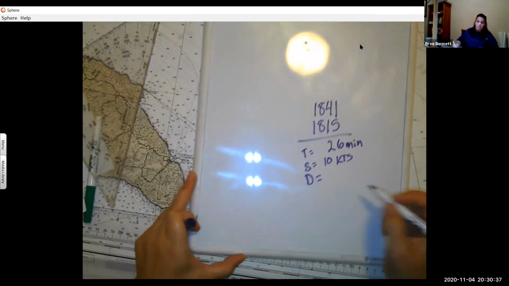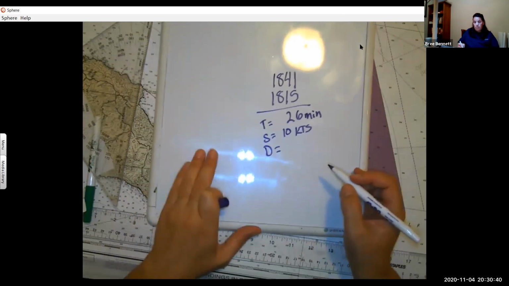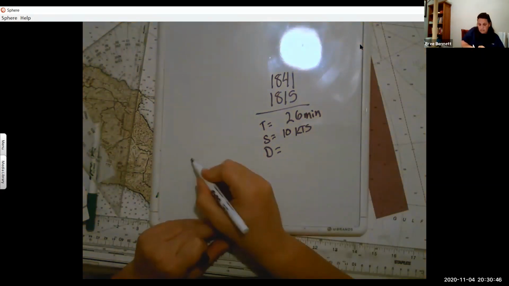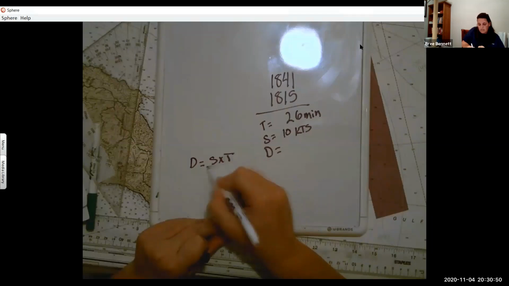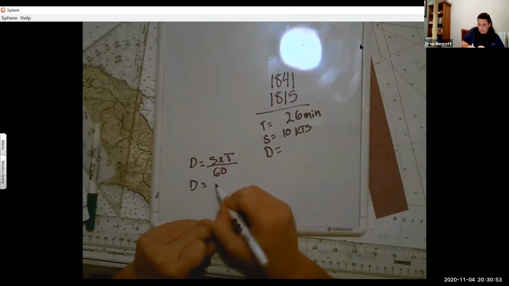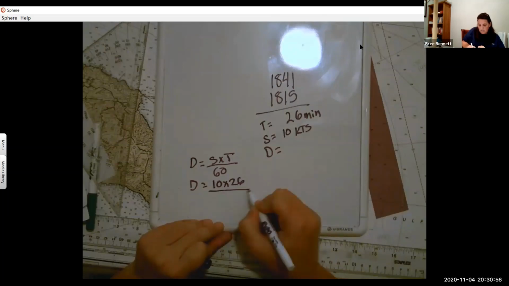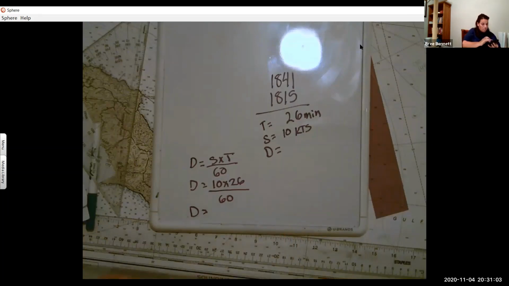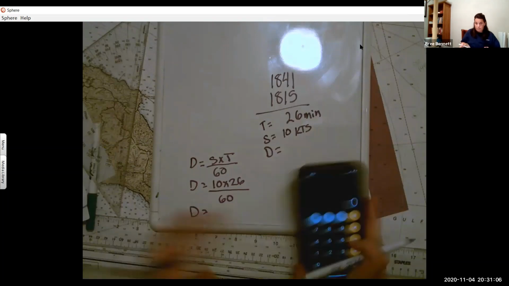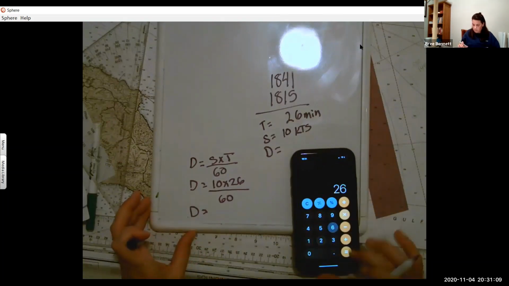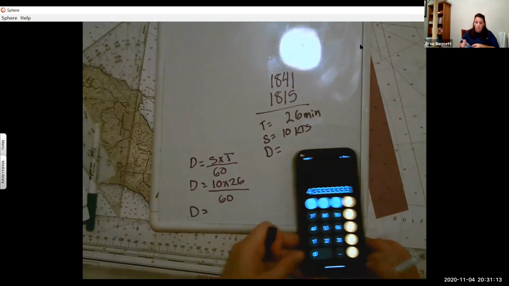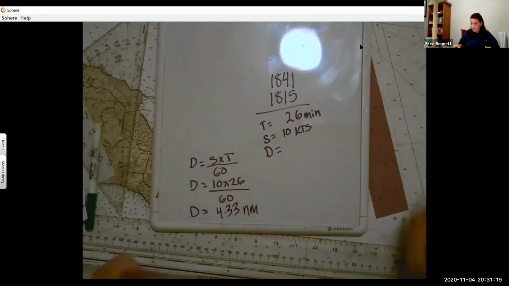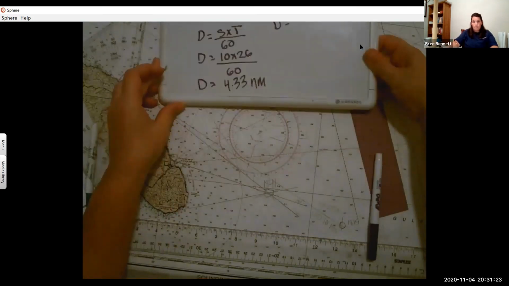So my distance, I need to figure that out. 4.33 nautical miles is my distance. Right there.